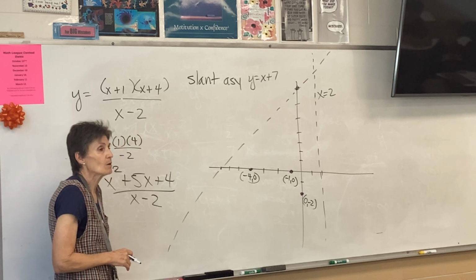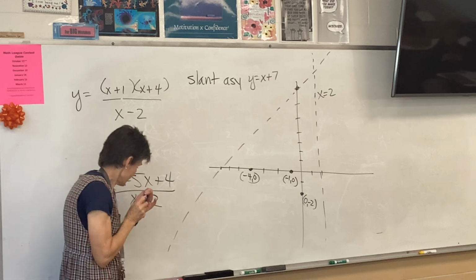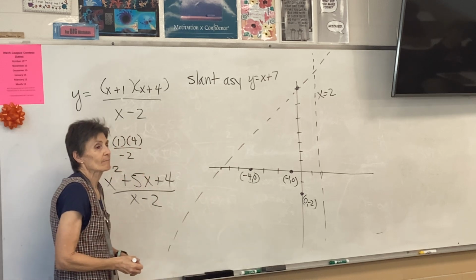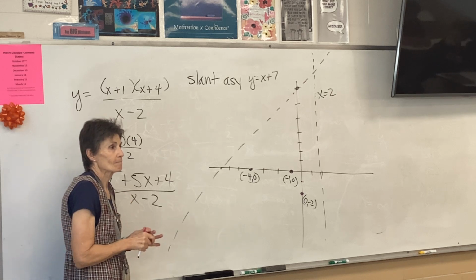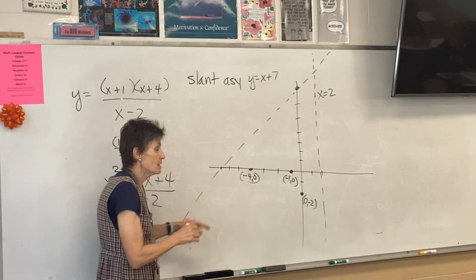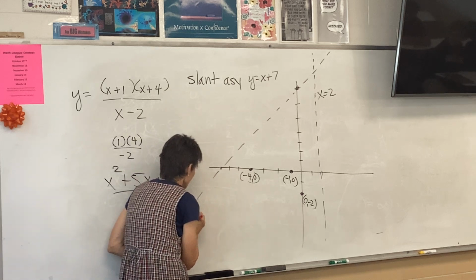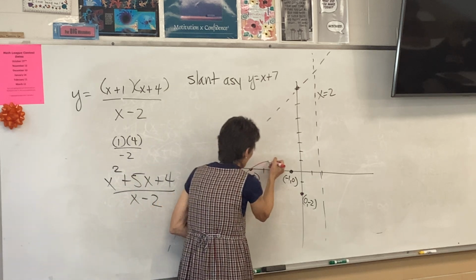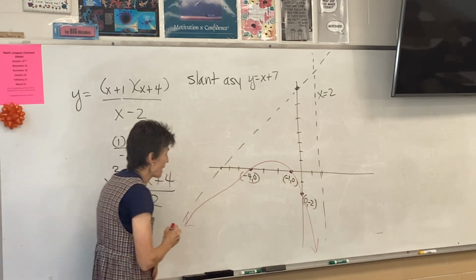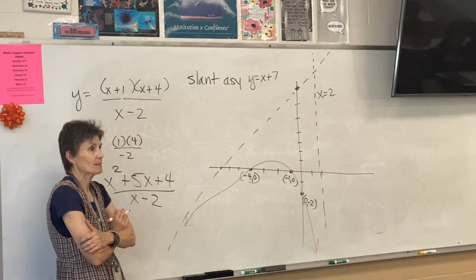What in the world does this look like? These all have to be connected, okay? So let me draw something. Parabola. Does that make sense to you, that it would look something like that?